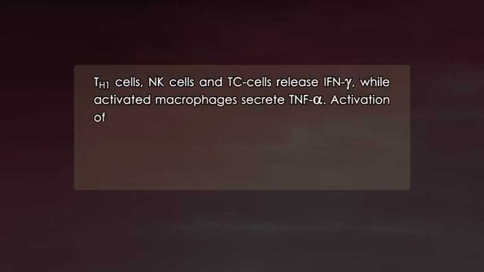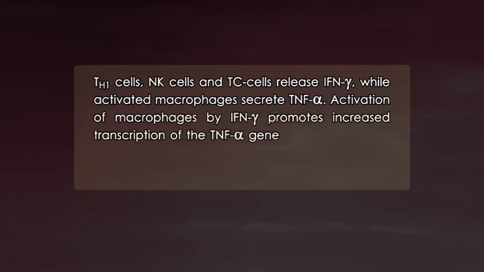Two cytokines in particular, interferon gamma and TNF-alpha, play a central role in the development of chronic inflammation. T helper 1 cells, NK cells, and T cytotoxic cells release interferon gamma, while activated macrophages secrete TNF-alpha.